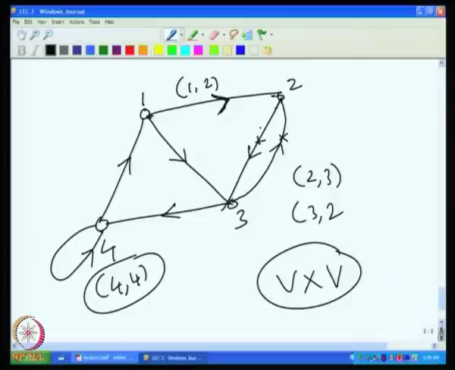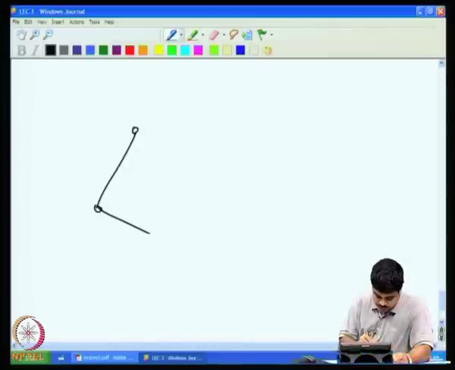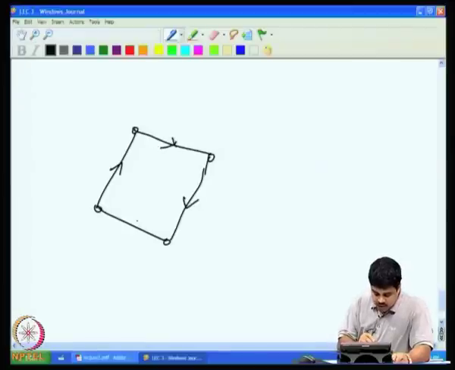And now coming back to our point, starting from a directed graph also, suppose we take this directed graph, we could have constructed a double cover of this directed graph also, for instance.